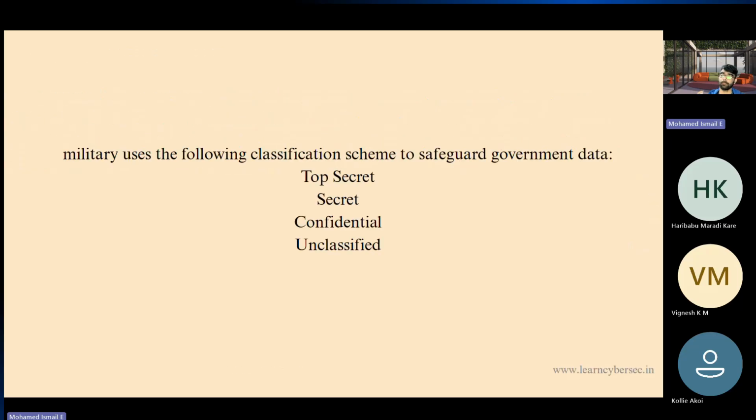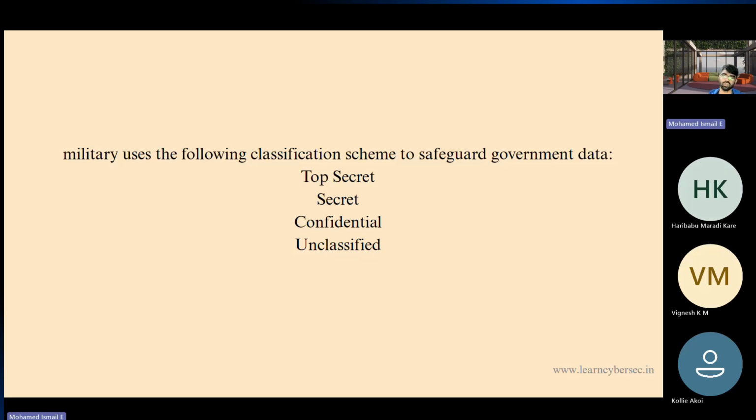But in business, they may use different levels of keywords. For example, in the military, top secret means only the respective countries' leaders should know. Secret, maybe only the colonel or people within the army should know. Confidential, only a particular group can know. Unclassified is that anyone can know the information.